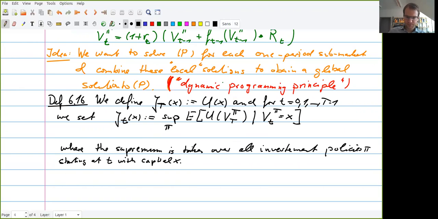So this J_t(x), which is a function, where x is a real number, is called the value function at time t.